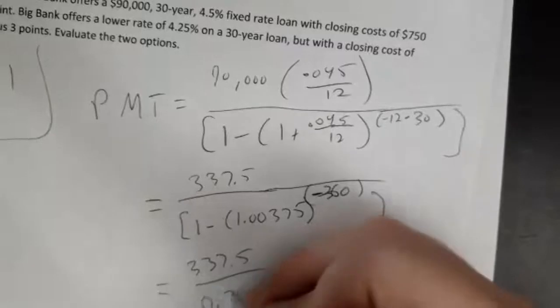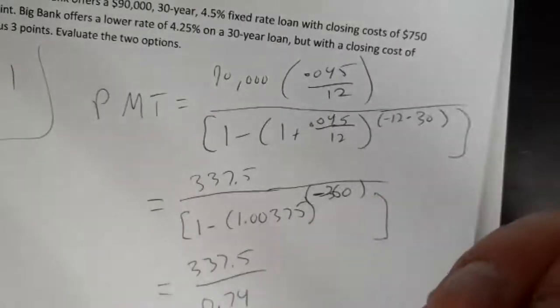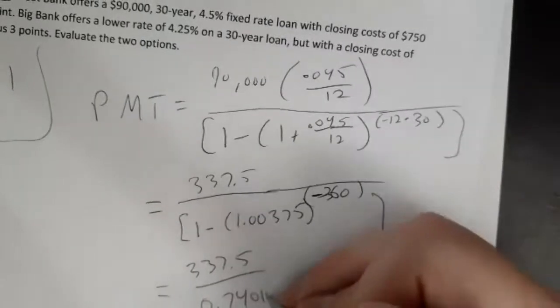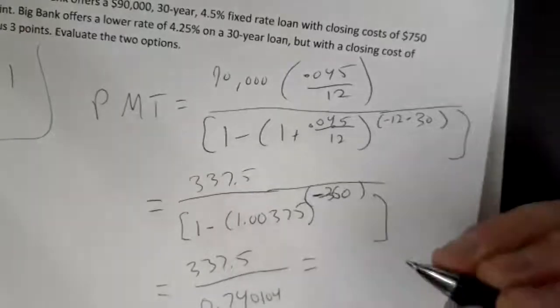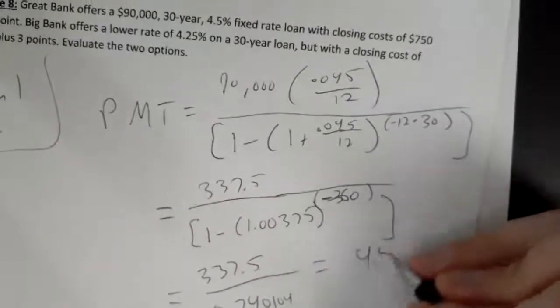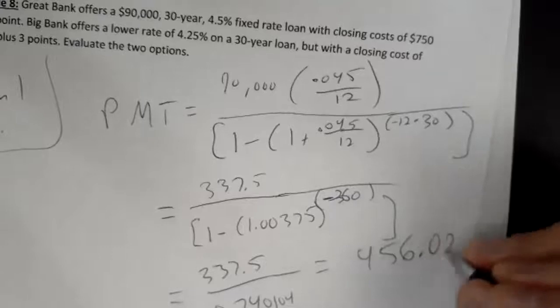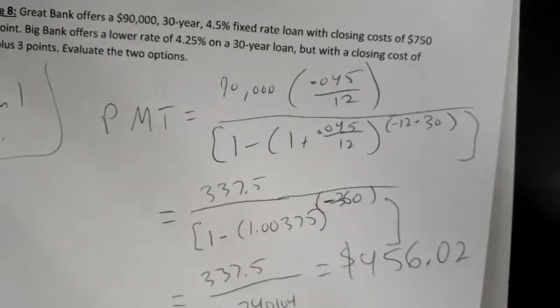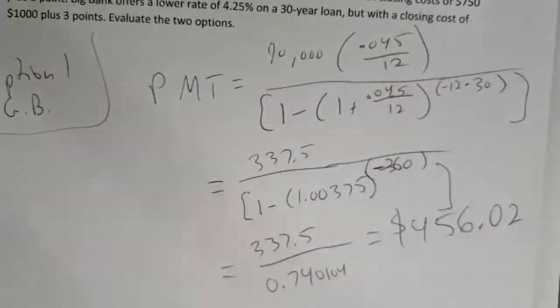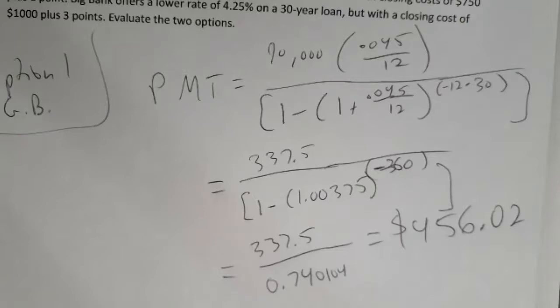I should be getting something like 740,104. And so my payment on this thing, I think I'm figuring out, is $456.02. I want to figure out my payment, and I want to figure out my closing cost.